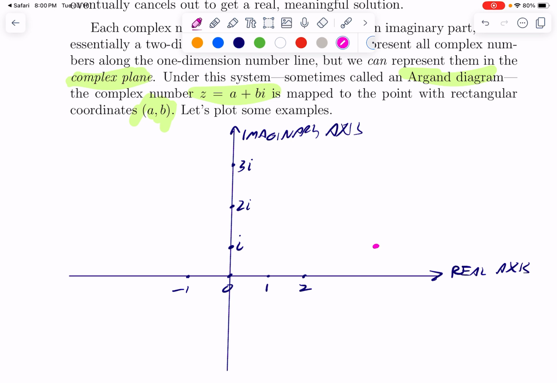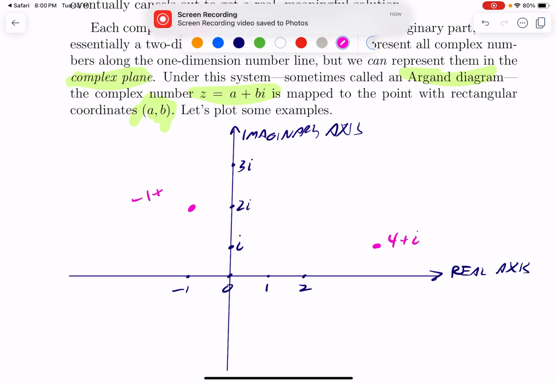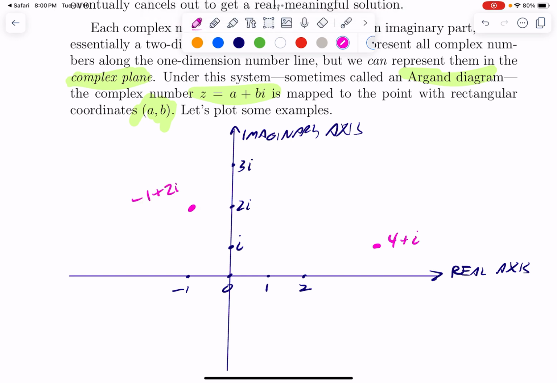So for example, the number 4 plus i would be 4 units in the real direction, 1 unit in the imaginary direction. The number -1 plus 2i would be here.